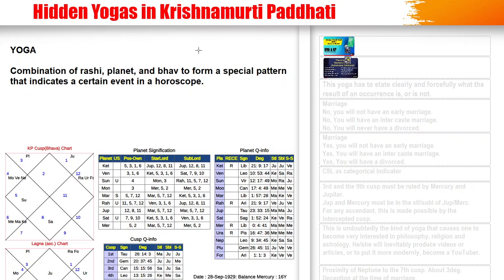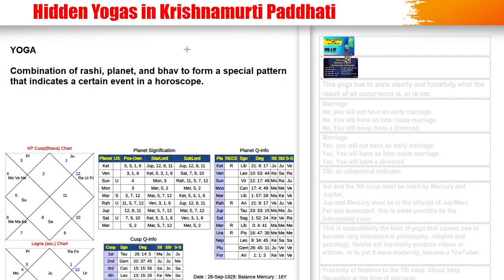If at all you want to experiment with the yogas in Krishnamurti Paddhati, then you can't possibly ignore the bhav. And when I say bhav, it means the bhav as per the KP Kaspa chart. So that's one of the most important things you have to keep in mind, that the bhav of the Kaspa chart has to be used in the Krishnamurti Paddhati framework.